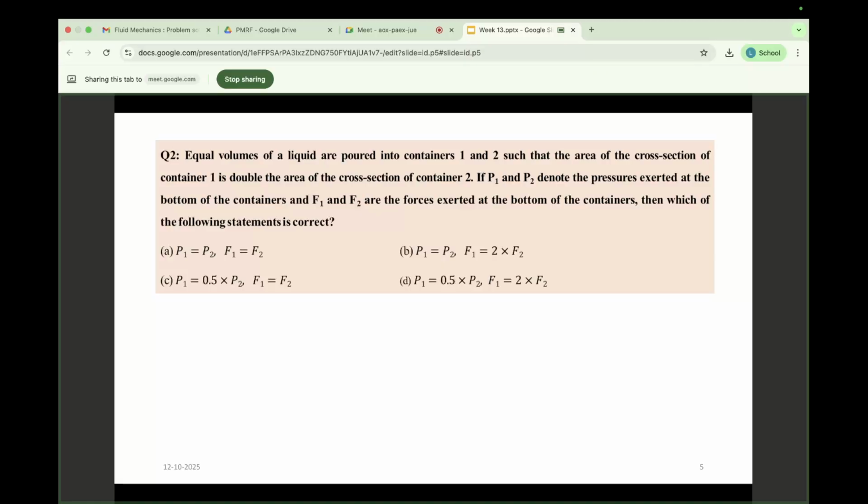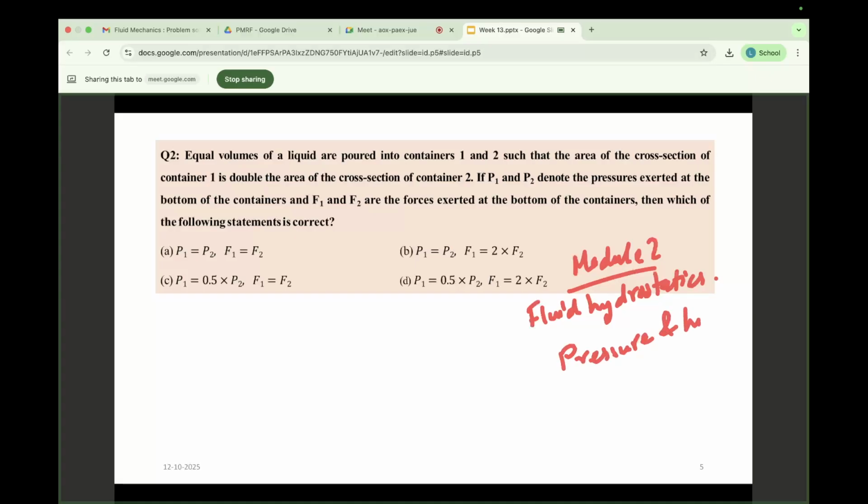In this second module, we have studied the concept of fluid hydrostatics: pressure and hydrostatic force.